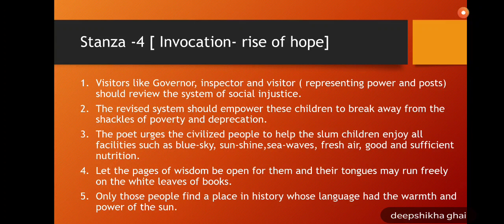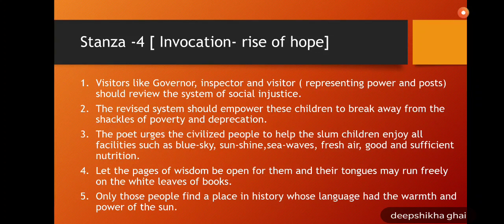The poet urges the civilized people to help the slum children enjoy all facilities, such as an open blue sky, the beautiful sunshine, the waves of the sea, the fresh air, good and sufficient nutrition. These children also have a right to live as normal as you. So even they should get a civilized life.